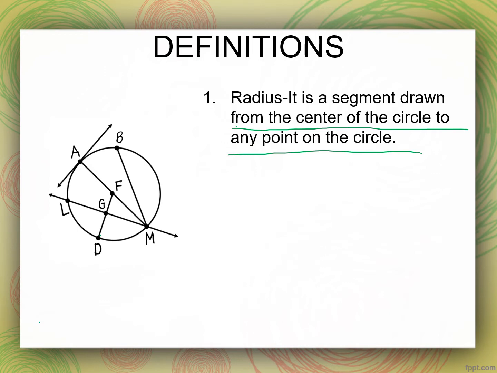Okay, so looking here at the given circle, the center of the circle is at point F. So let's connect it to any point on the circle. So if we connect it with A, we have here radius FA. So let's write. So an example of a radius is segment FA.